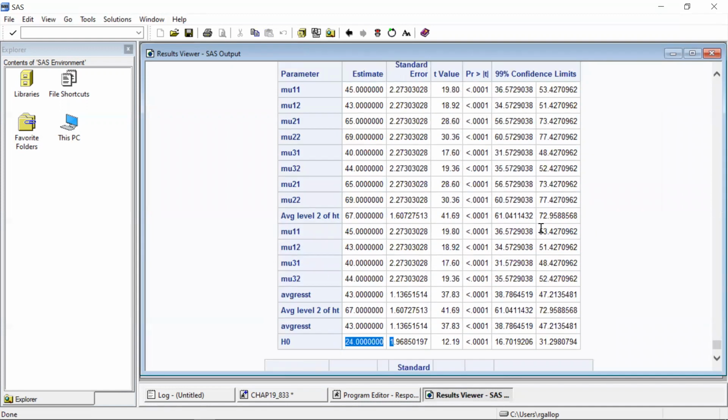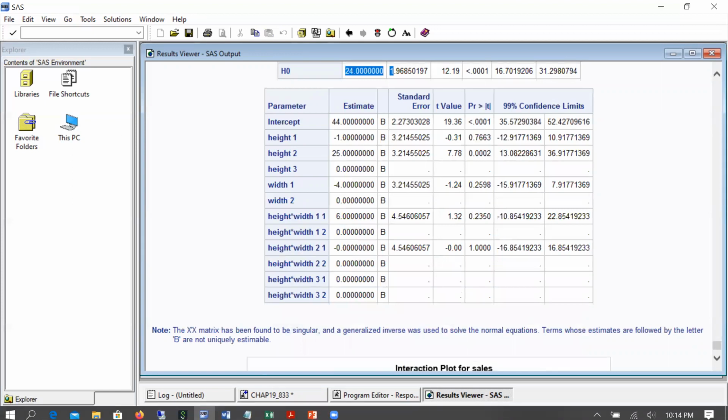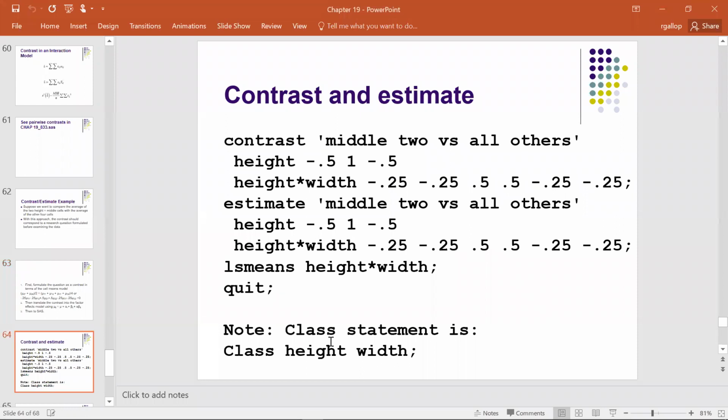So we can say, yep, there's an estimated difference of 24 cases sold on average more for the average of the two middle designs compared to the rest. So again, that's something we need to keep in mind as we move forward. Contrasting the middle two versus all the others, you can see there.